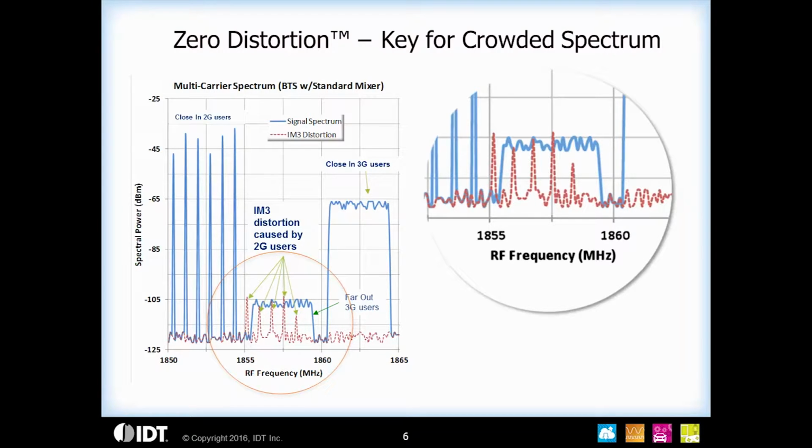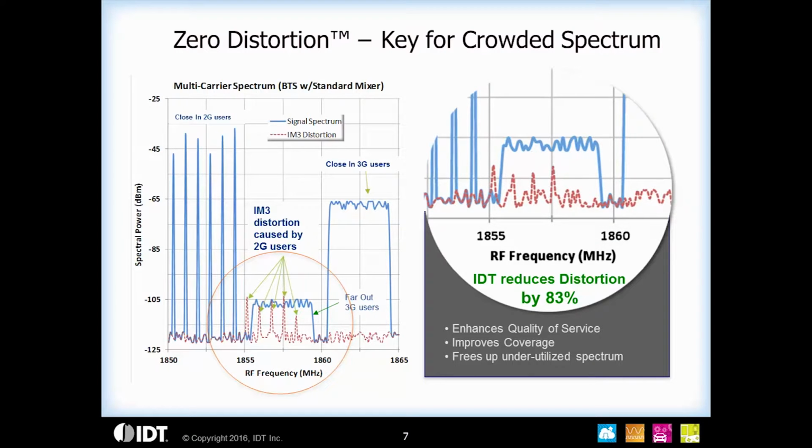This is a standard mixer where your region of interest, your frequency spectrum 1855 to 1860, has huge third-order intermodulation distortion products, due to which you have issues in terms of system performance. With IDT's zero distortion technology, we are able to reduce these third-order intermodulation distortion products by 83%, as you see on the slide. This enhances the system quality of service, improves coverage, and frees up underutilized spectrum.